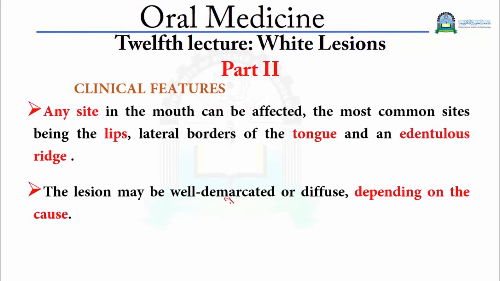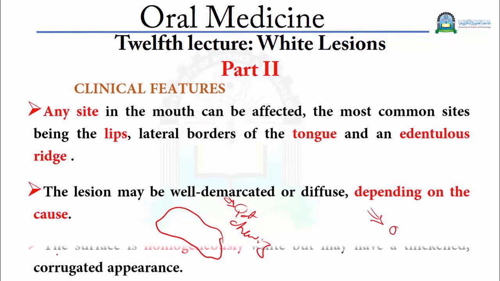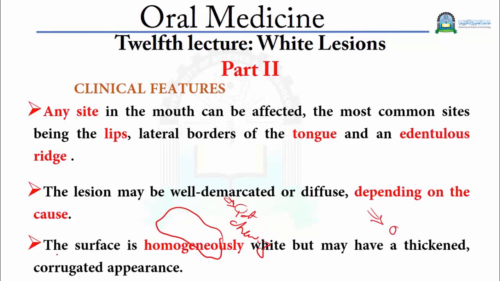If the cause is, for example, cut chewing, the frictional keratosis will be widely spread, diffused on the buccal mucosa on the chewing side. If the cause is a sharp cusp of a tooth or a malformed restoration, the frictional keratosis lesion will be localized and well demarcated. The surface is homogeneously white but may have a thickened corrugated appearance.